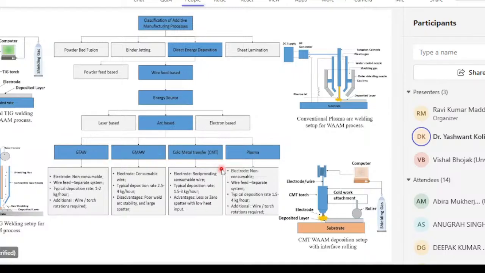If you cut a tensile specimen or a microhardness specimen, you will see a transition in the material if the thermal gradients are too high. If we can reduce the heat input in the power source itself, we can attain a good homogeneous material and good mechanical properties. Plasma is also like that, but we are considering CMT only.